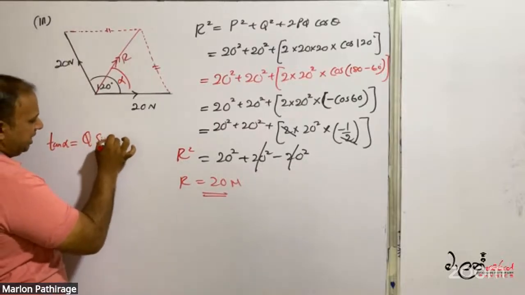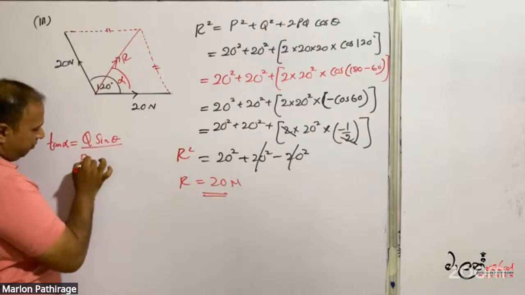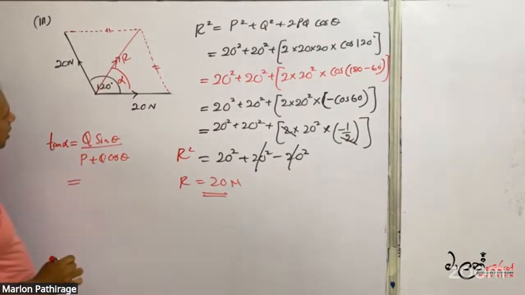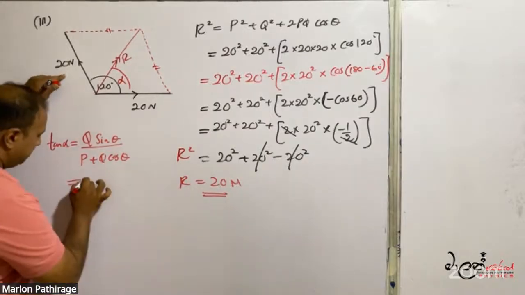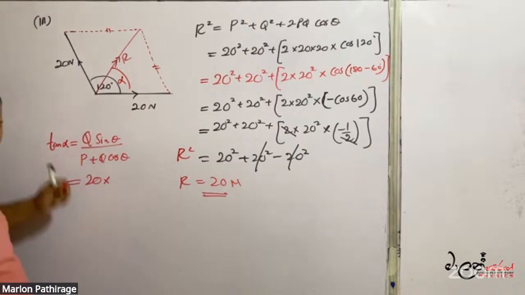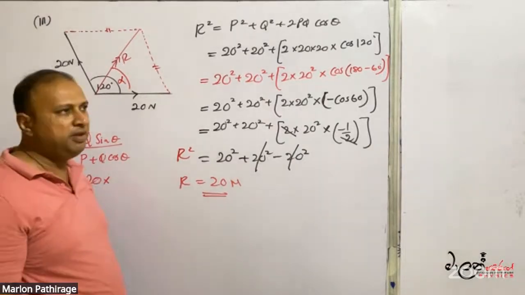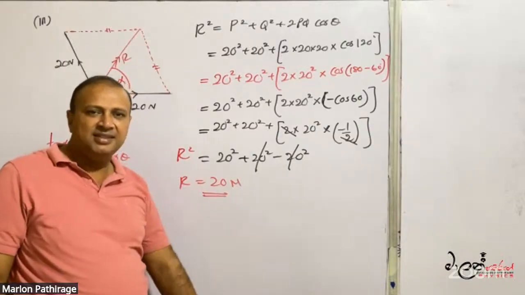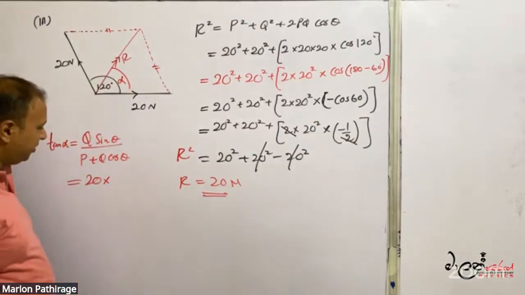Q sine theta over P plus Q cos theta. Q is 20. Sine theta means sine 120. Sine 120 means sine 60. Sine 60 is equal to root 3 over 2.